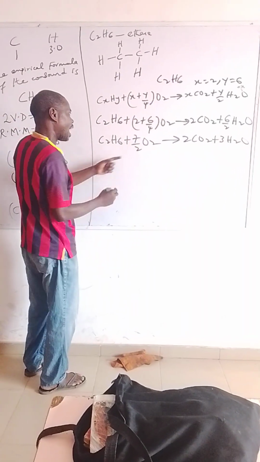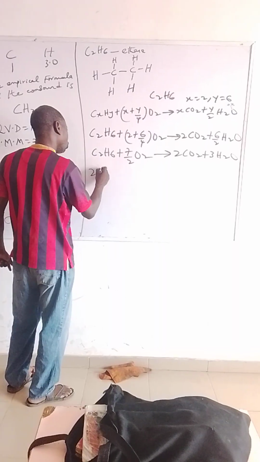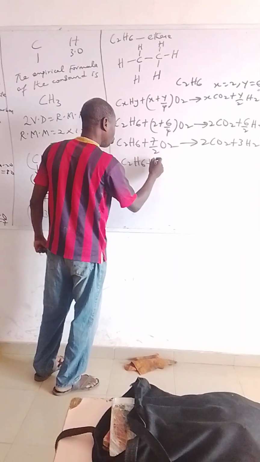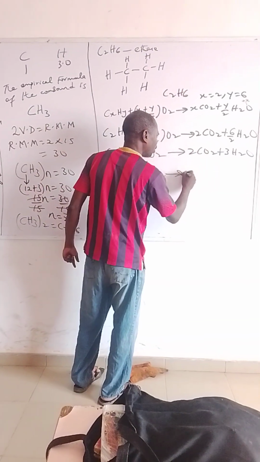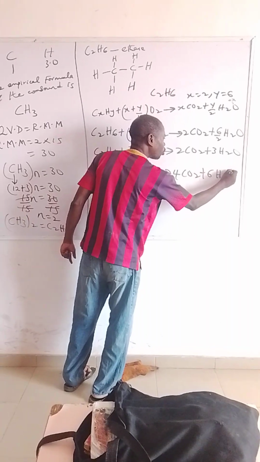So I can easily multiply by 2 to remove this fraction. So I have 2C2H6 plus 7 over 2 multiplied by 2, that is 7O2, moves to 2 times this, 4CO2, plus 2 times this, 6H2O.